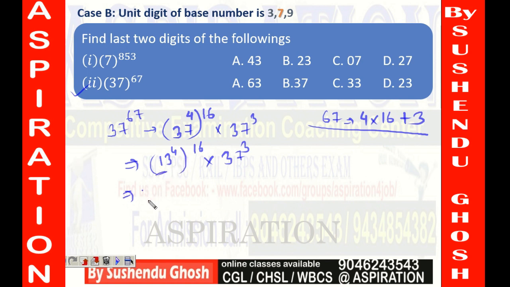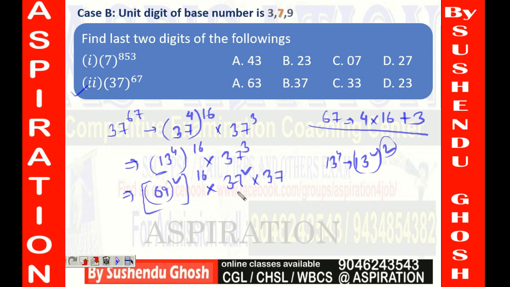Now 13 to the power 4, we can write like 69 square, because 13 to the power 4 means 13 square into 2, 13 square to the power 2. So you can write 69 square here to the power 16 into 37 square into 37.